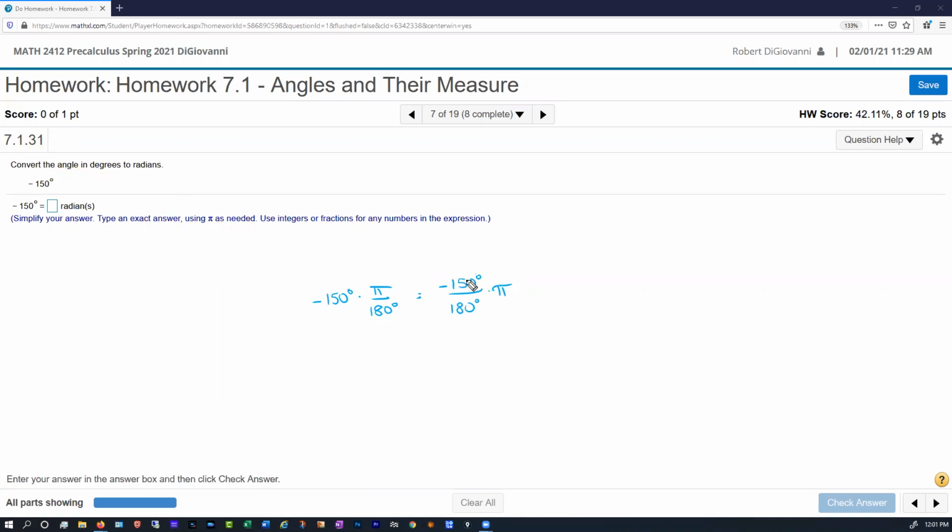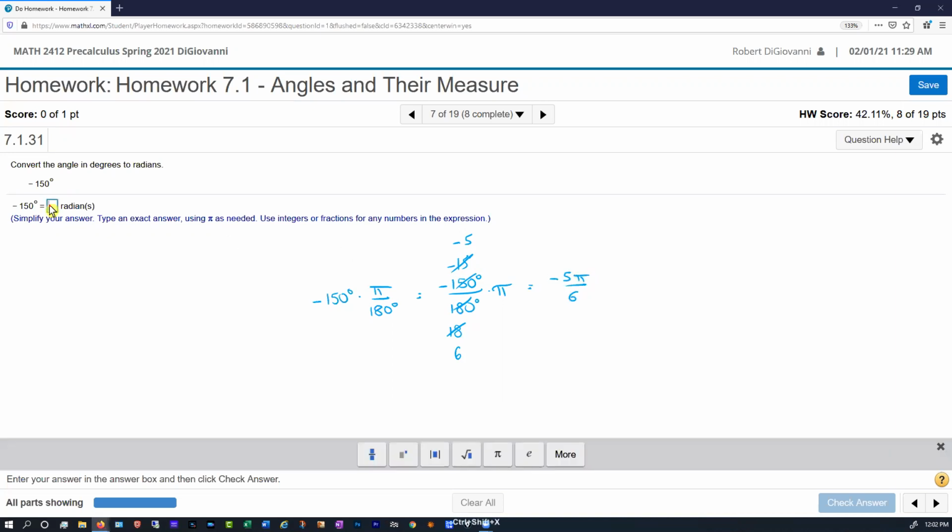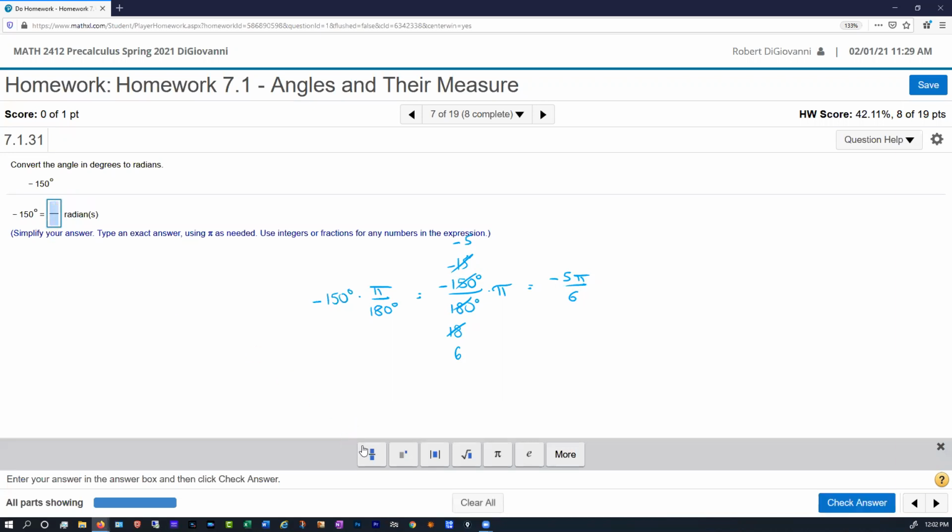Now I'll reduce this. So 10 goes into both of those. And then 3 goes into here 5 times, and 3 goes into here 6 times. So we should have negative 5 pi over 6. Let's try that. So fraction negative 5 pi over 6.